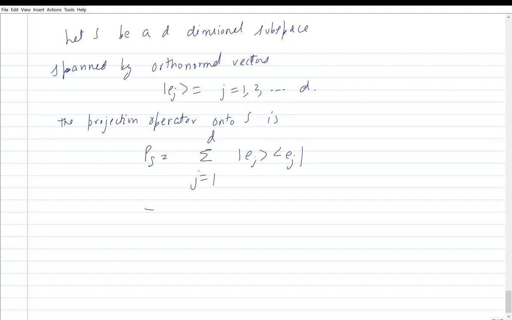This structure is going to project any vector on this particular subspace. And this is going to be a unit operator in that particular subspace S. But this is the way I define or generalize the notion of projectors to d-dimensional space.